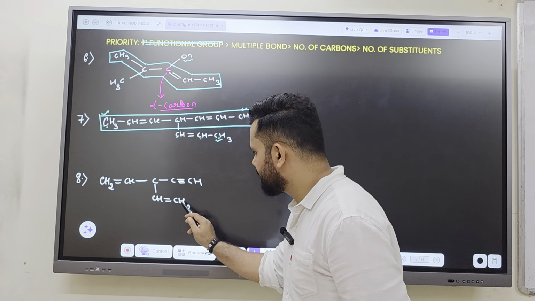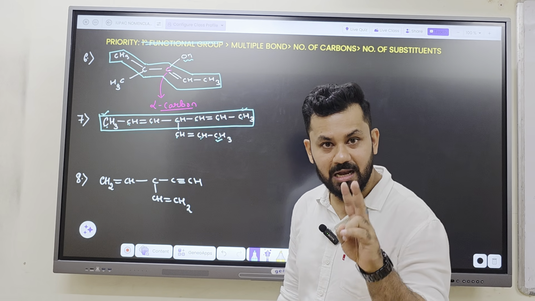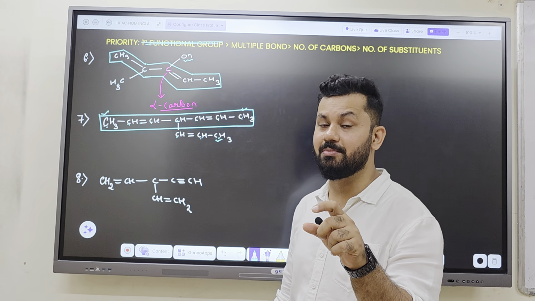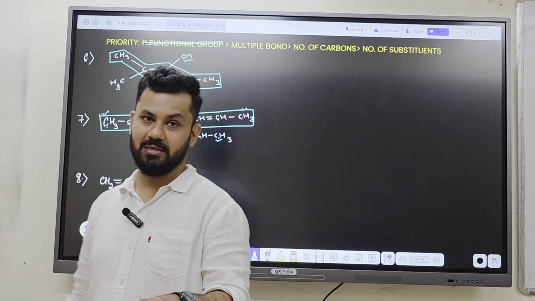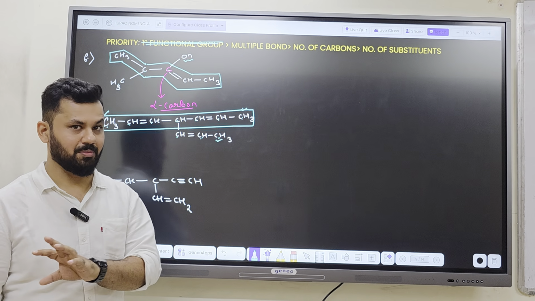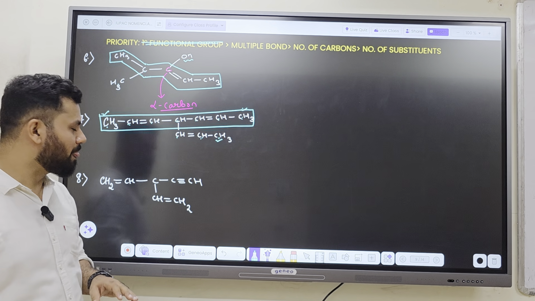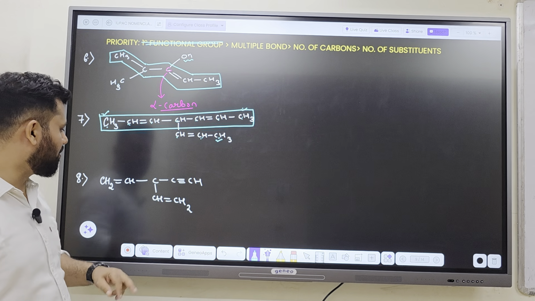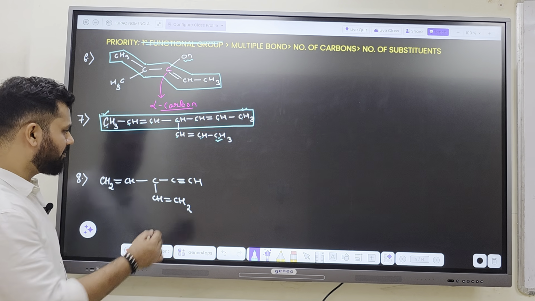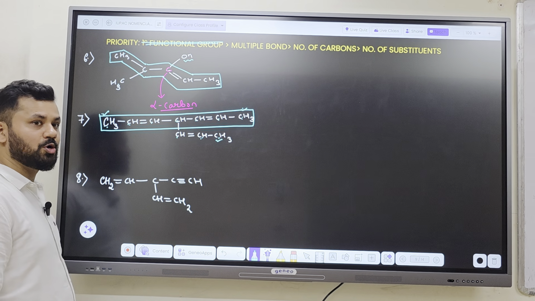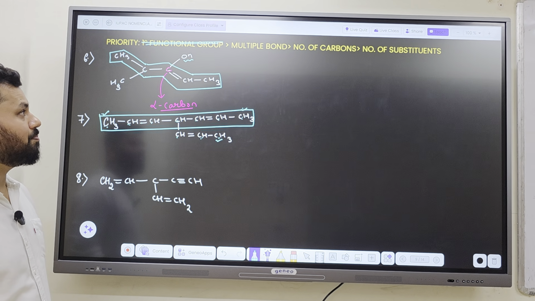If I go down like this, I still have two multiple bonds. Again, I'm looking at multiple bonds. I'm not distinguishing at this point between a double or a triple bond. I'm treating them equally. So if I go straight, two multiple bonds. If I go down, still two multiple bonds. And if I go like this, then also two multiple bonds.